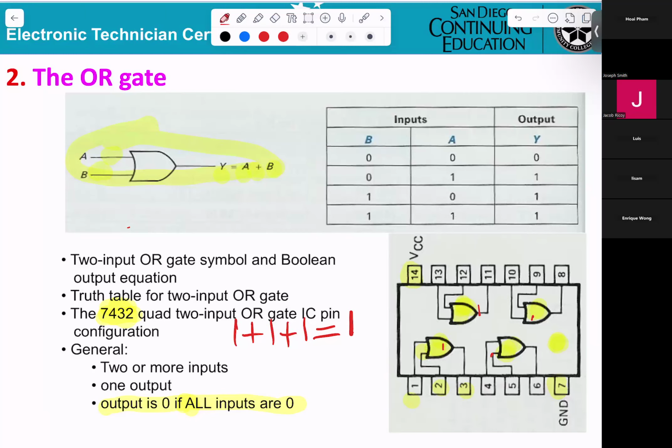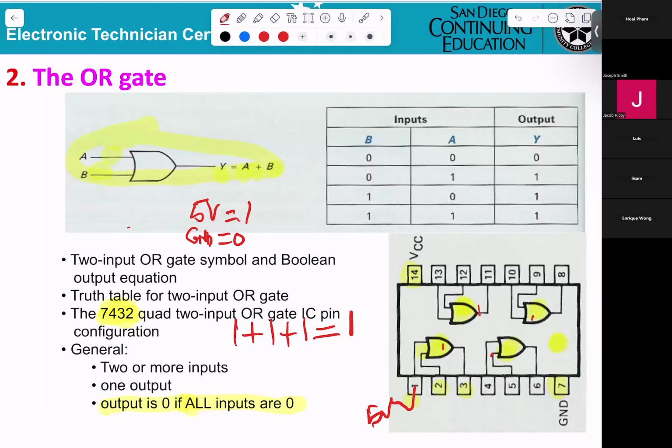Okay. Now, in the circuitry here, you understand the 5 volt is 1, and ground is 0. If I tell you pin 1 connects to 1, that means you connect that to 5 volt. That's a 1.